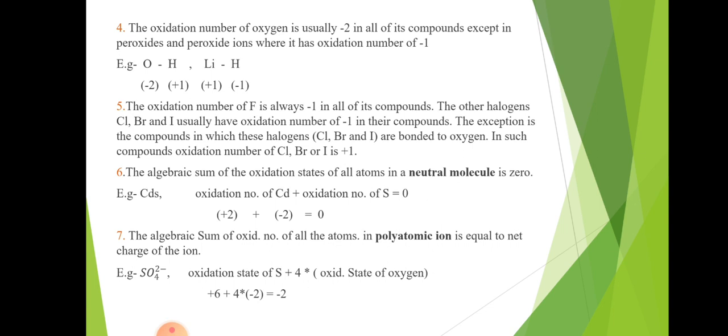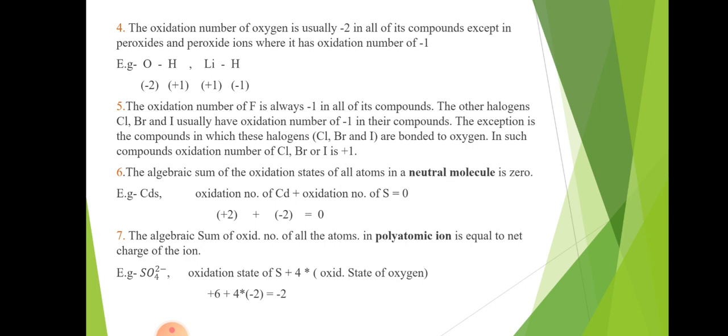For example, the sulfate ion, SO4 2-: the oxidation state of sulfur plus 4 times the oxidation state of oxygen equals -2, which is the charge of the sulfate ion. Therefore, the oxidation state of sulfur is +6, and +6 plus 4 times -2 is equal to -2. This is the seventh rule.